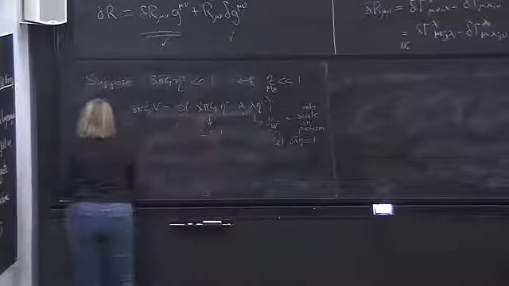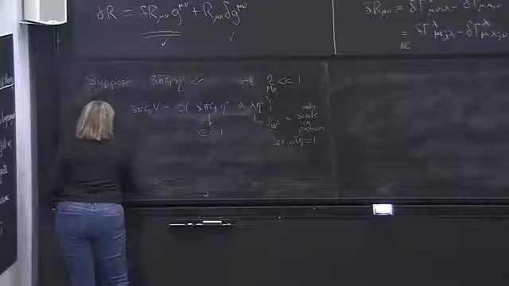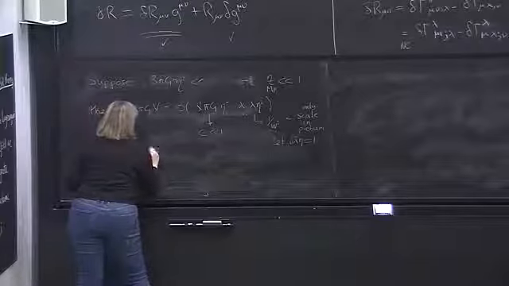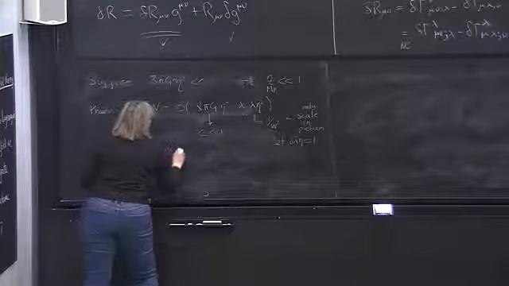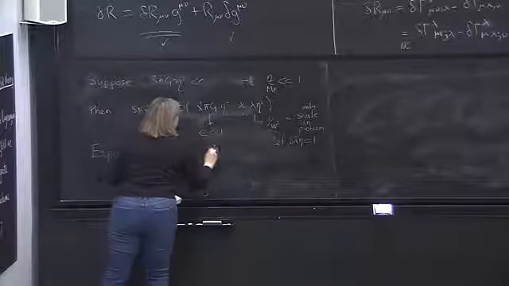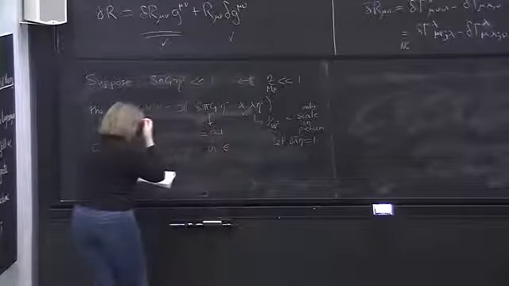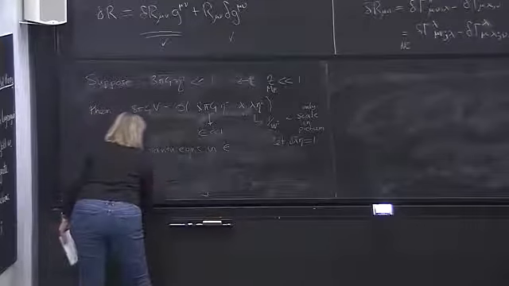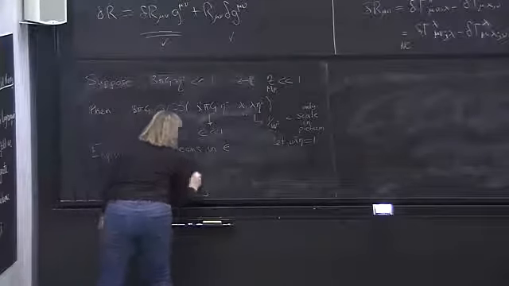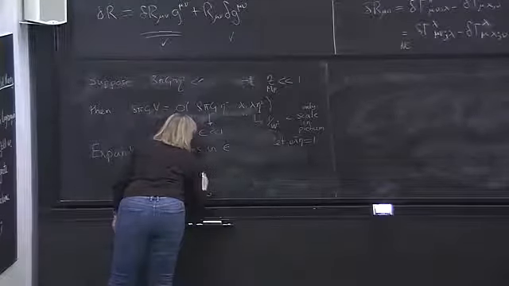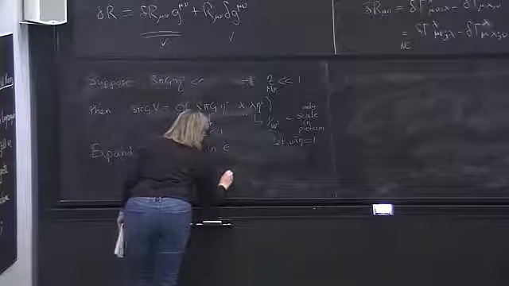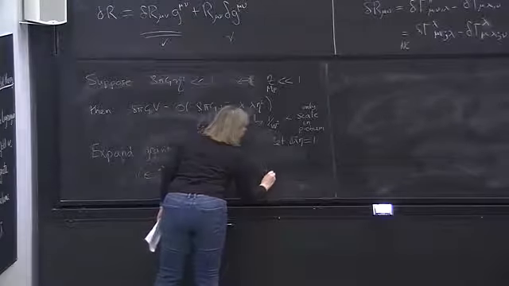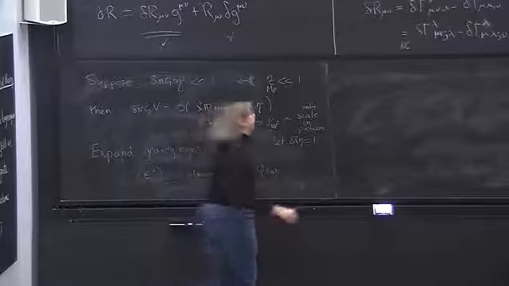So now I'm going to expand my gravity problem in terms of epsilon, which is, of course, a dimensionless parameter. So to order epsilon to the 0, we've got G is eta, and we have the kink solution. We've got the domain wall.